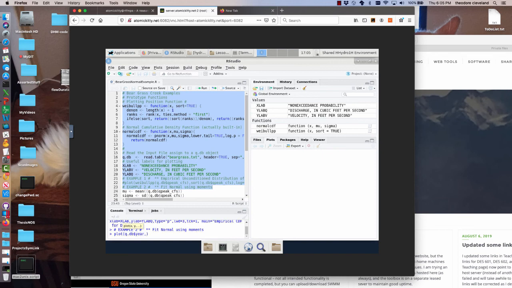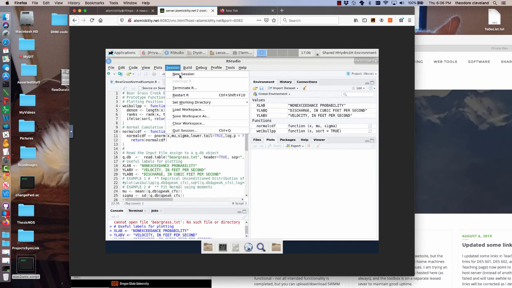The second variable is q.db qpeak. Oh, my bad. I have to set the working directory to the correct place.